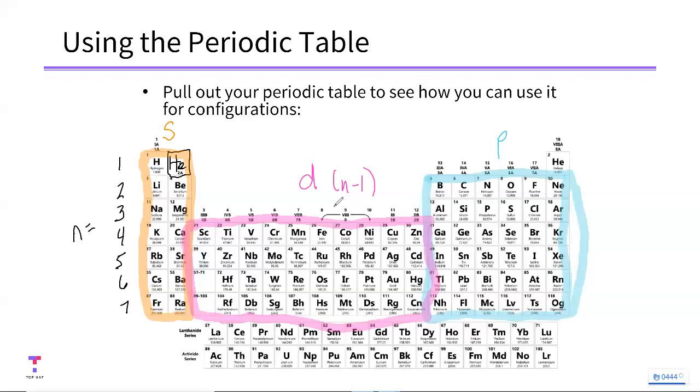And so what we see is that the S orbitals actually are a little bit lower in energy than the D orbitals of the energy group below them.